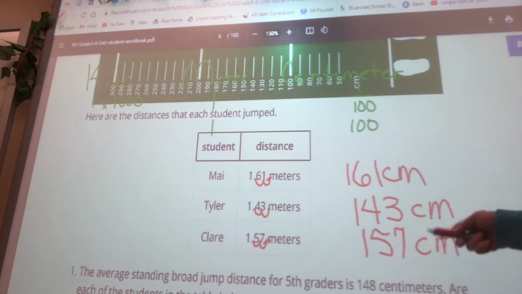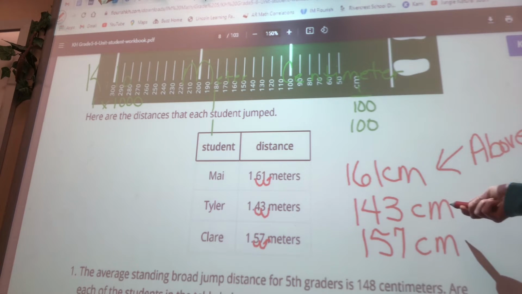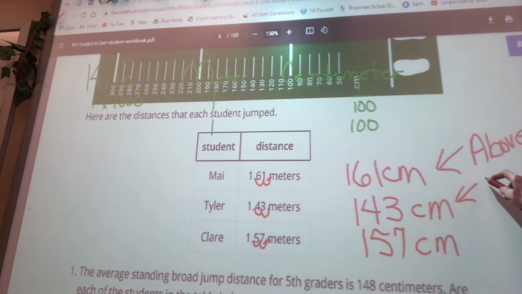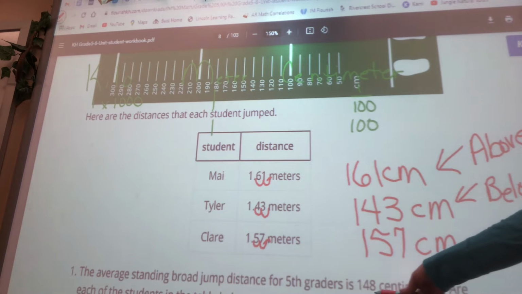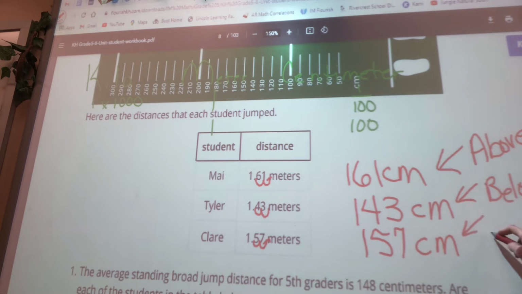Well, if it's 148, then Mai is above, isn't she? Okay, 143. If the average is 148 and Tyler jumped 143, then he's just a bit below. And then Claire, if average is 148 and Claire jumped 157, then Claire is above.